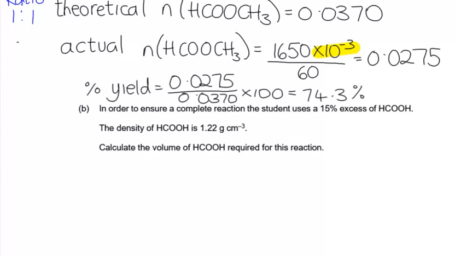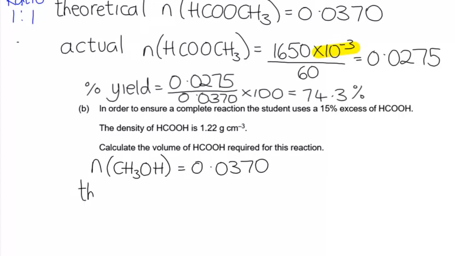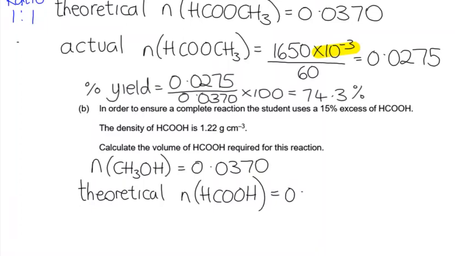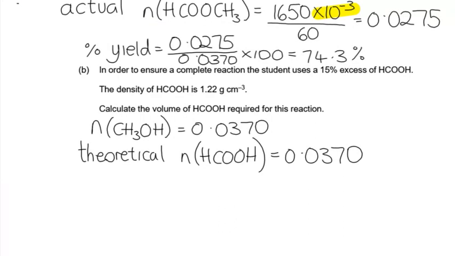So we're going back, we remembered that our moles of methanol, so just bringing that back down here, was 0.0370. So what would be the theoretical amount of methanoic acid needed? Well, the ratio was 1 to 1 again, so in theory we would need 0.0370. We're using a 15% excess, so we're using 115%.